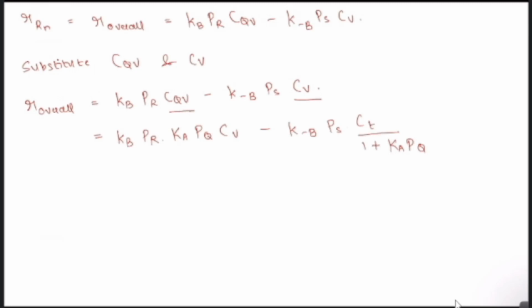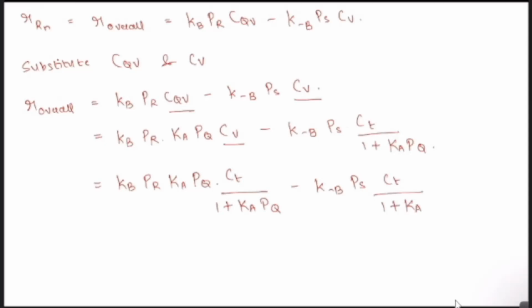Now we substitute this CV here as well. So we'll have Kb PR Ka PQ into CV, that is CT by 1 plus Ka PQ, minus K minus b into PS CT by 1 plus Ka PQ.